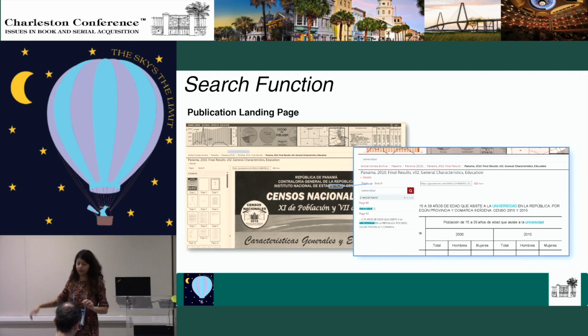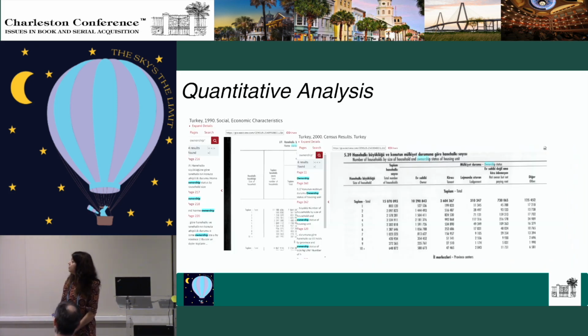If you were to read volumes of census publications in printed versions from the 1990s, this makes it much easier, because you can find your keyword instead of going through all the pages of those volumes of publications.